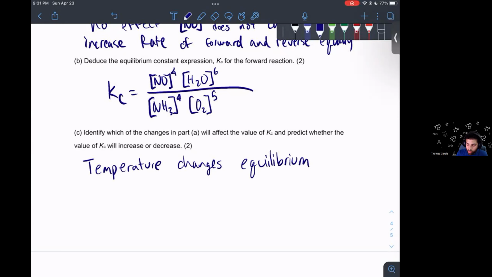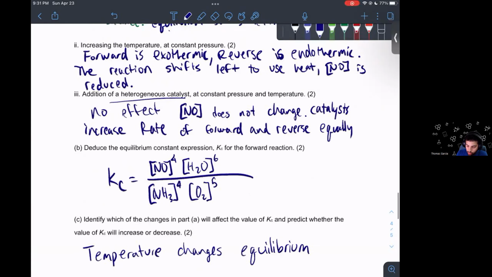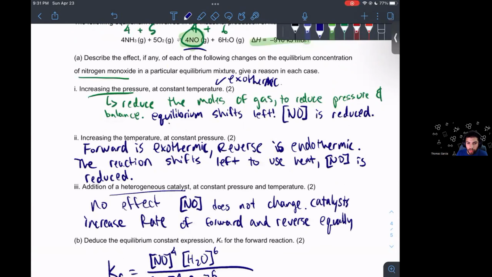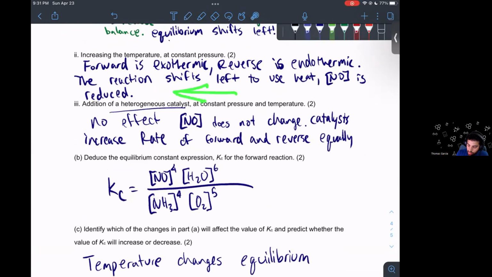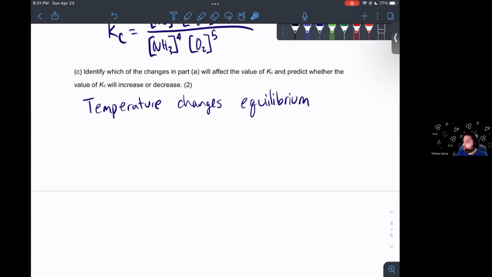And in this one where we have our temperature changing equilibrium, we shifted to the left. So we know that we're shifting to the left. Therefore, we're going to have more reactants. So Kc will decrease.